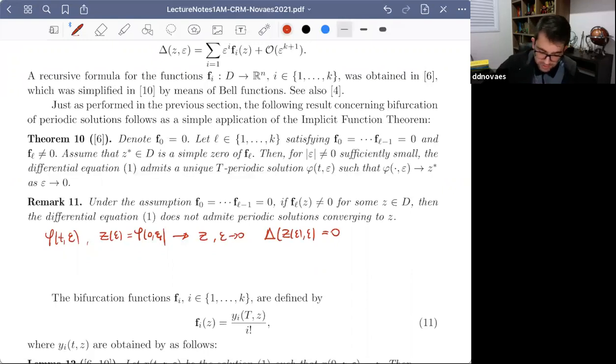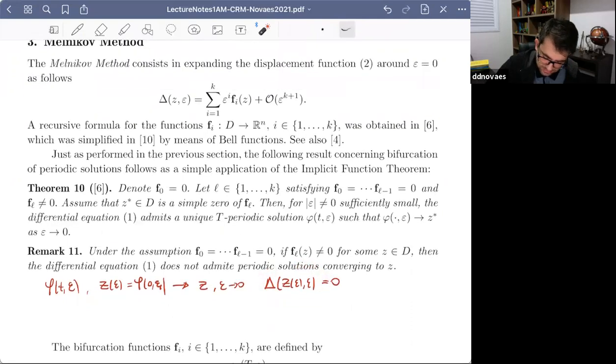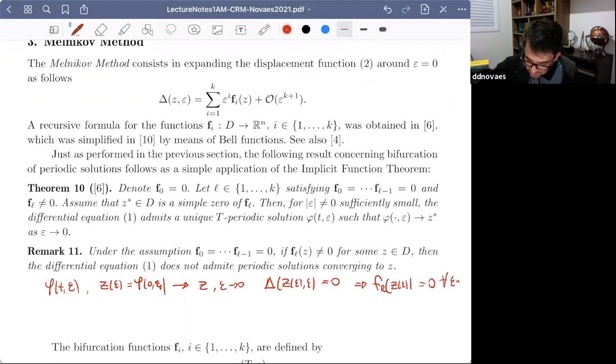Okay, so when I look at the expression, the Taylor series of the displacement function, I know that the coefficients, since it's true for every epsilon, the coefficients also have to be 0. Then it implies that FL of z epsilon is 0 for epsilon small.